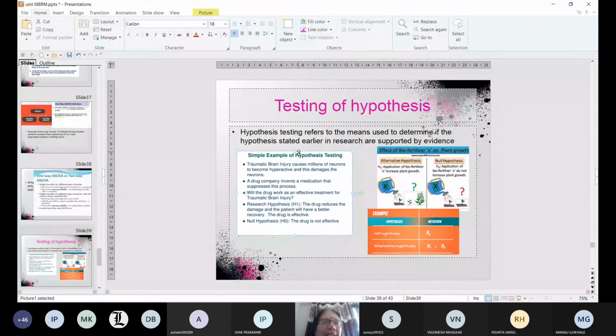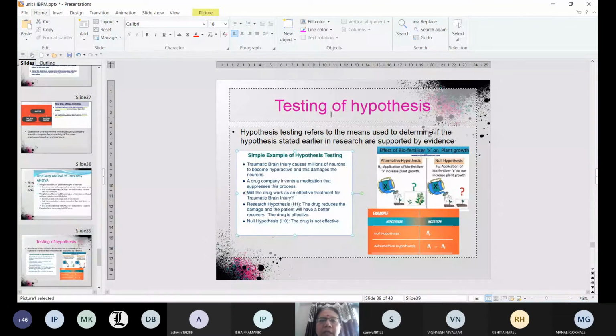In this assumption, the researcher is just assuming, based on his thinking and reading, that this might have happened. But this hypothesis needs to be accepted or rejected. That means it needs to be confirmed. So that is done in testing of hypothesis.